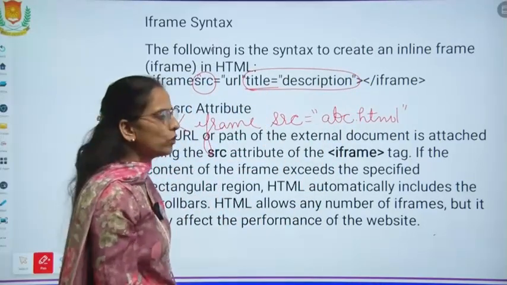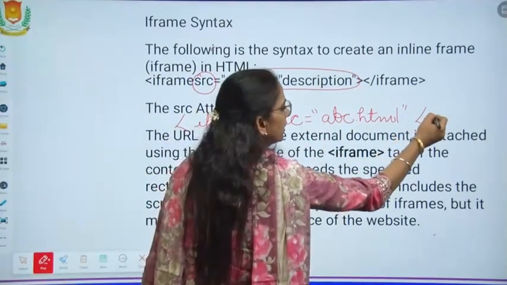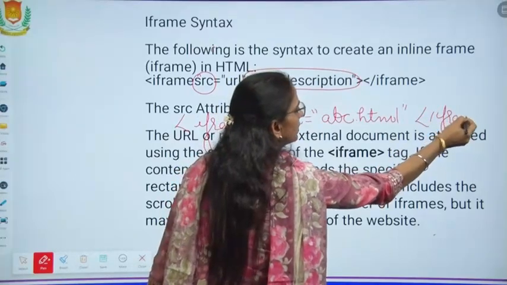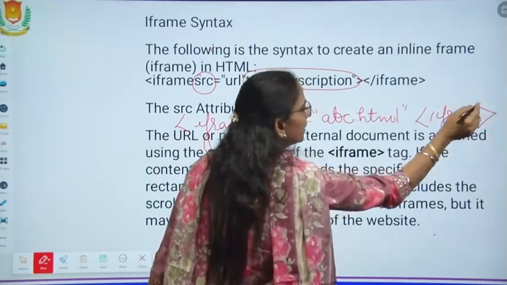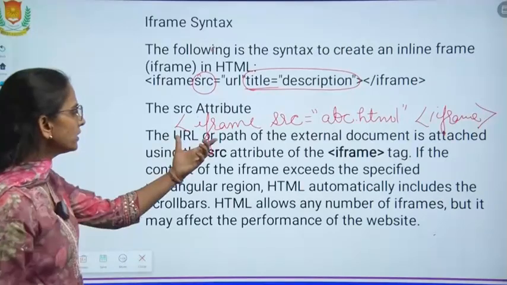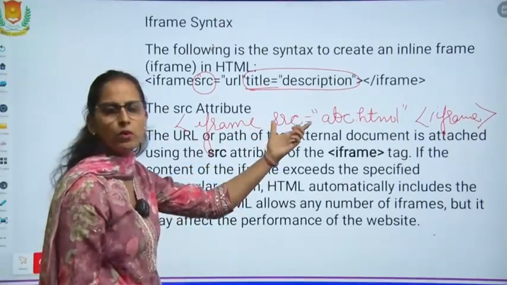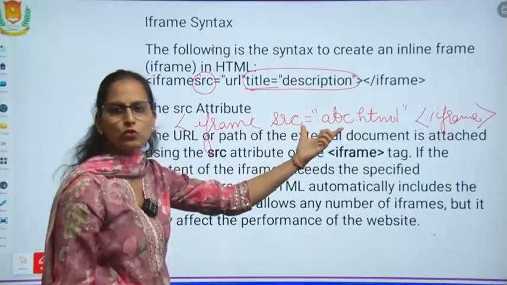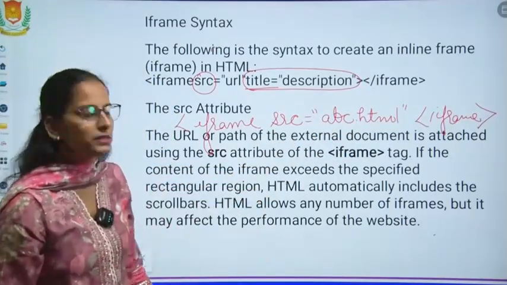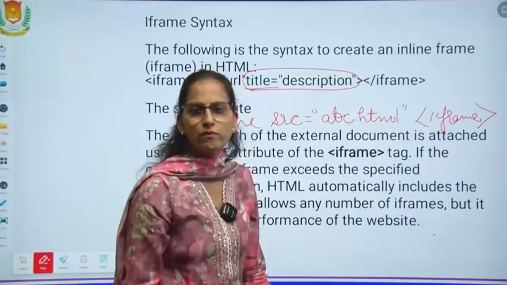If you want to give it, you can give, otherwise it is not needed. Then this iframe will be closed. So this is the way where you can specify the source file name of the web page which is to be opened in your independent section, and then this iframe will be closed.